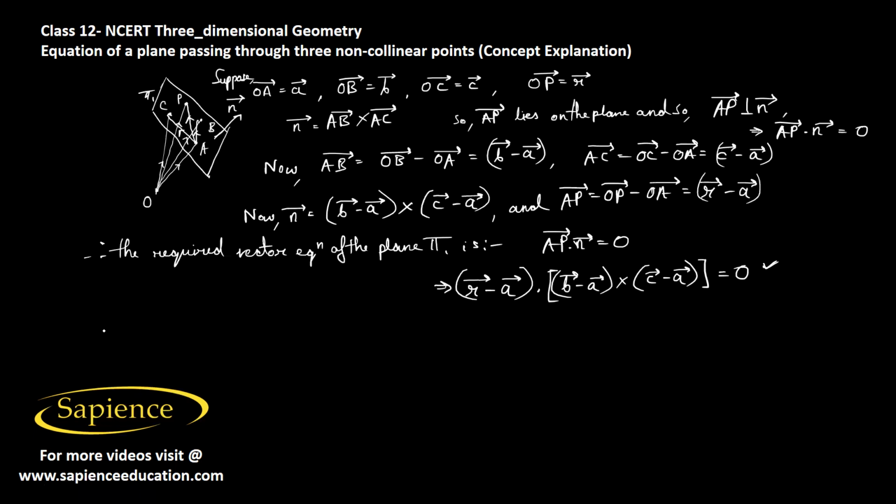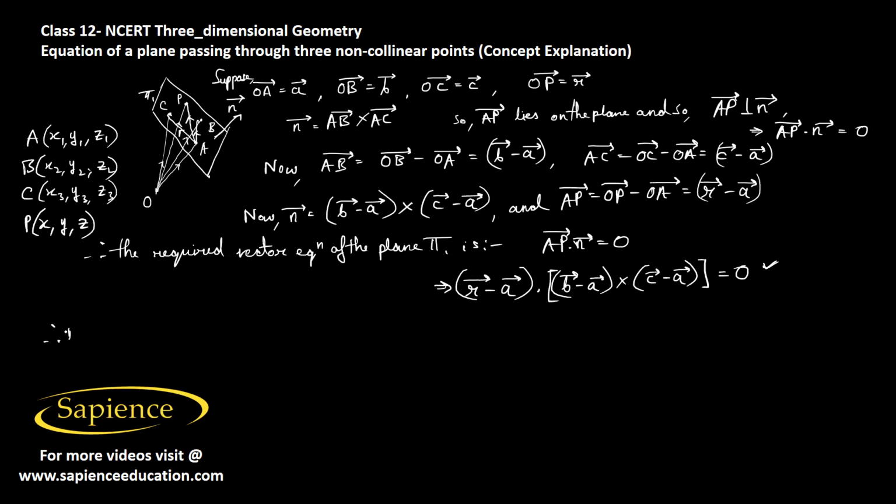So now suppose the point A has coordinates x1, y1, z1, the coordinates of the point B are x2, y2, z2, and point C is x3, y3, z3, and the coordinates of the arbitrary point P will be obviously x, y, z.